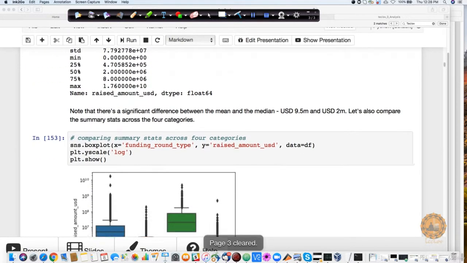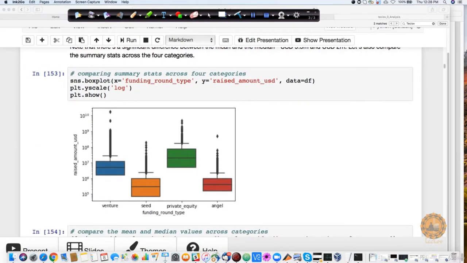Now let's draw a box plot, and this box plot is again for all the funding types. On the y-axis with the log scale, we have put raised amount USD, and on the x-axis we have put venture, seed, private equity, and angel. This gives us an insight into how the data is distributed.